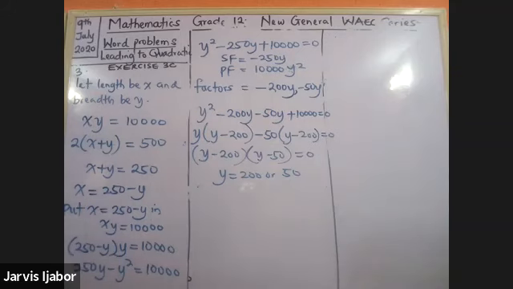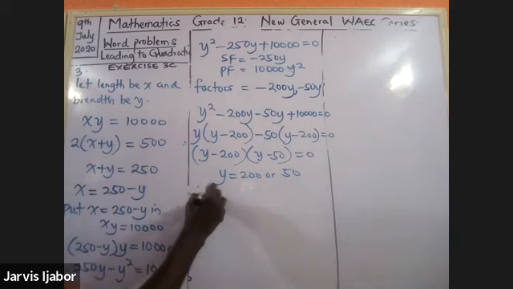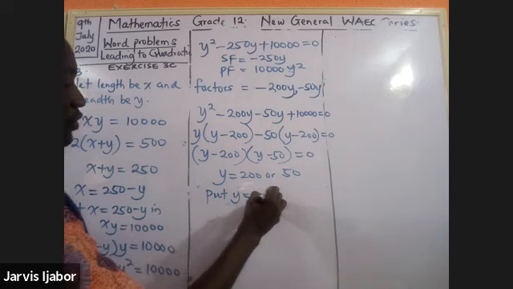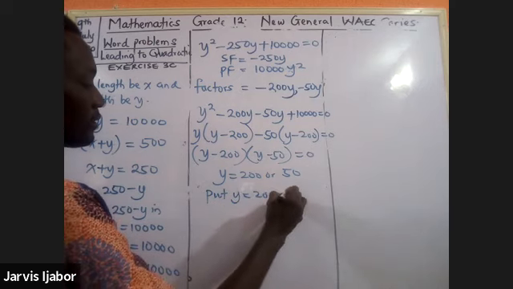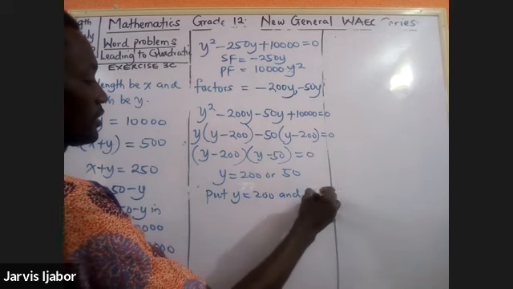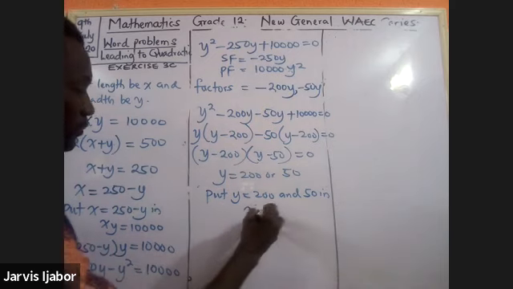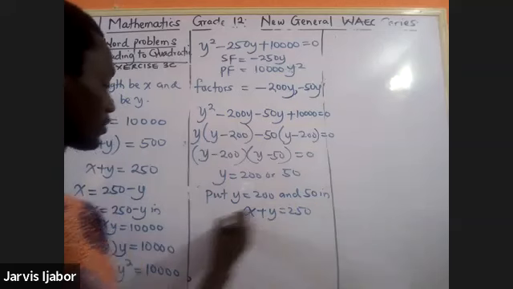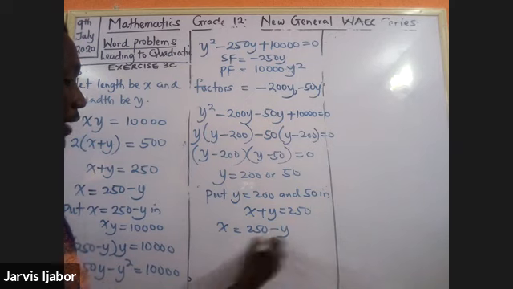So what do we do? We can now make relevant substitution to x. Remember I said that x is length, y is breadth. So put y equal to 200 and 50 in x plus y equal to 250. So x will be equal to what? 250 minus y.